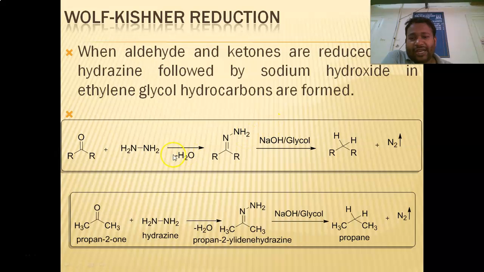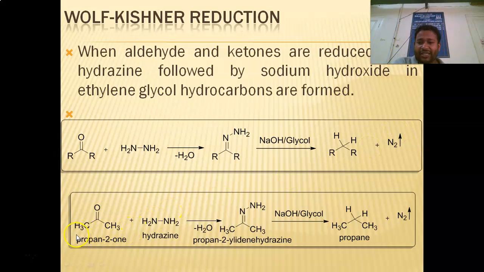Here, hydrazine hydrate is available for the formation of the hydrazone, an imine formation, which undergoes reaction with base and glycol to give the corresponding alkane, with elimination of nitrogen.